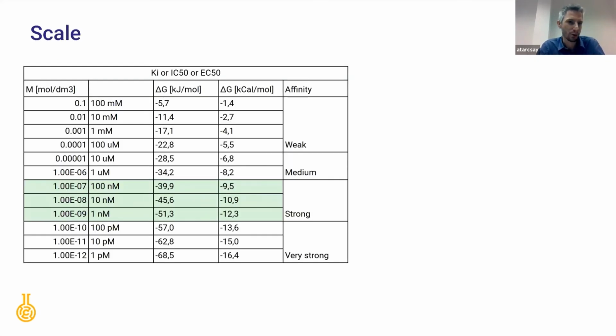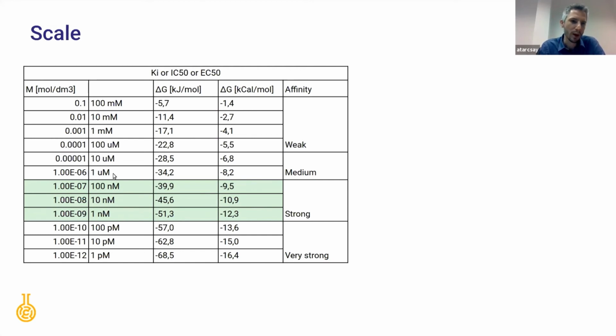About the scale of these interactions, as I introduced, in the pharma industry IC50, EC50, effective concentration, inhibitory concentration, or Ki values are measured. Here I just created this simple chart to show you the molar concentration with prefix, the delta G in kilojoules per mole or kcal per mole, and the affinity.